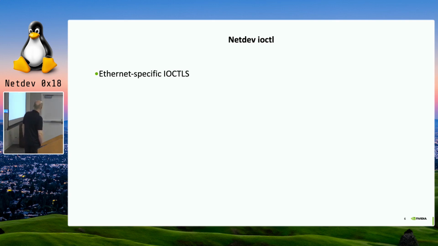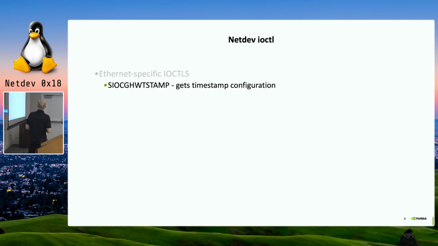The other piece is the Ethernet-specific ioctls. This is SIOCGHWTSTAMP, which gets the actual configuration of the timestamping. There will be a slide in a minute that talks about what configuration is there.